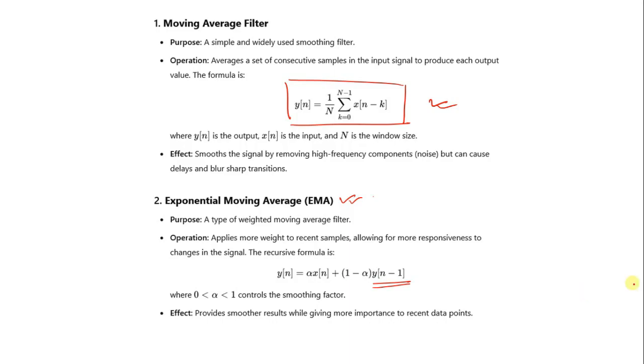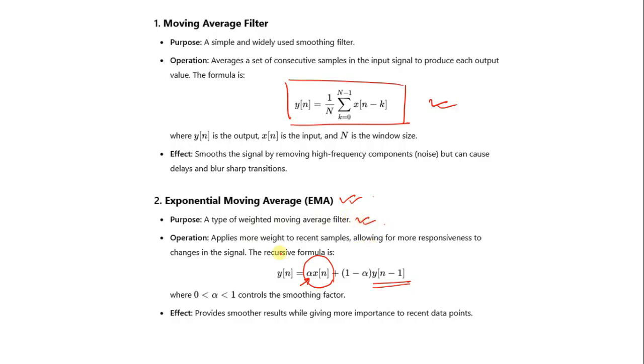So it is basically taking information from the previous instance, and if you look, it is giving more weightage to alpha if your alpha value is high. So it is a type of weighted moving average filter.